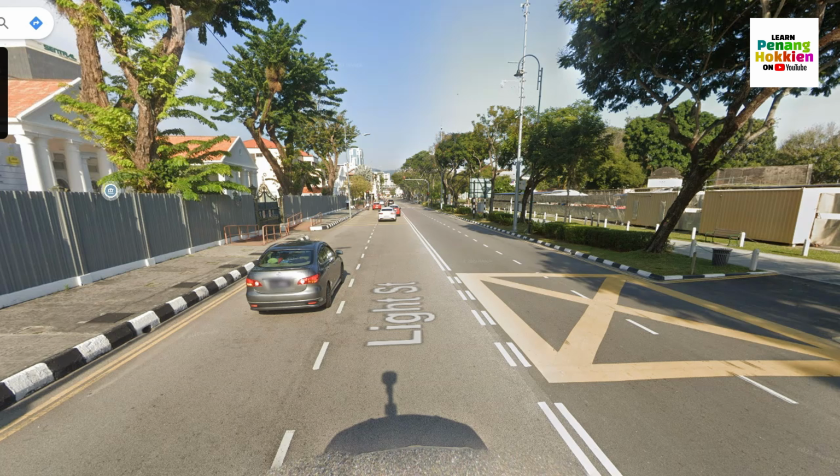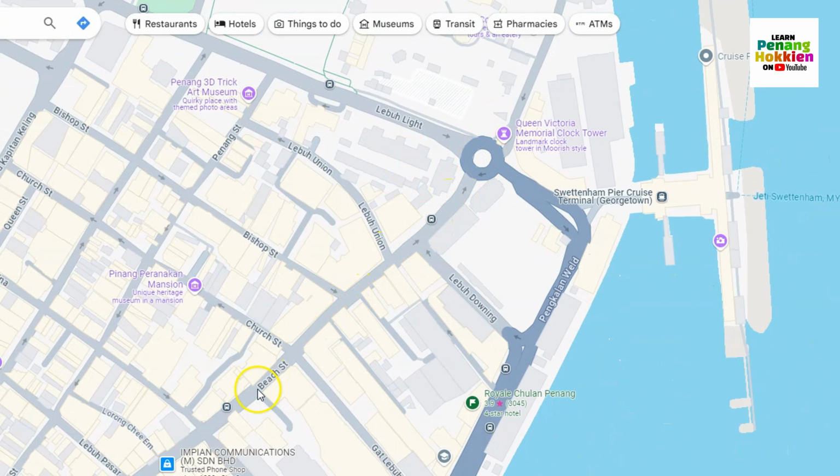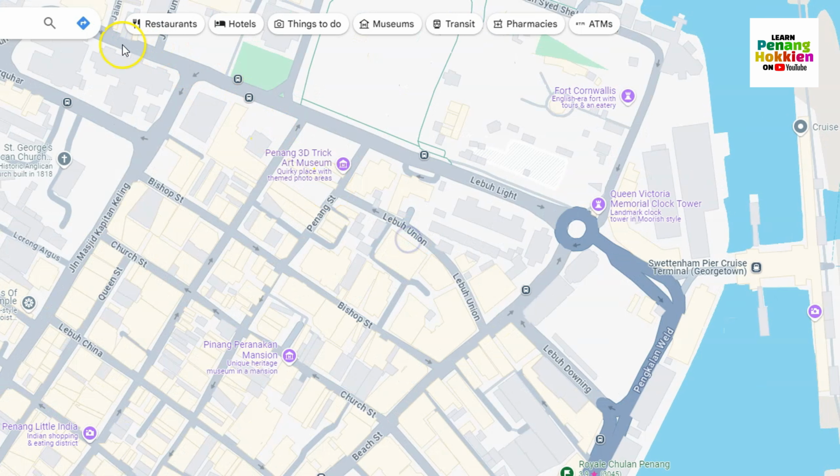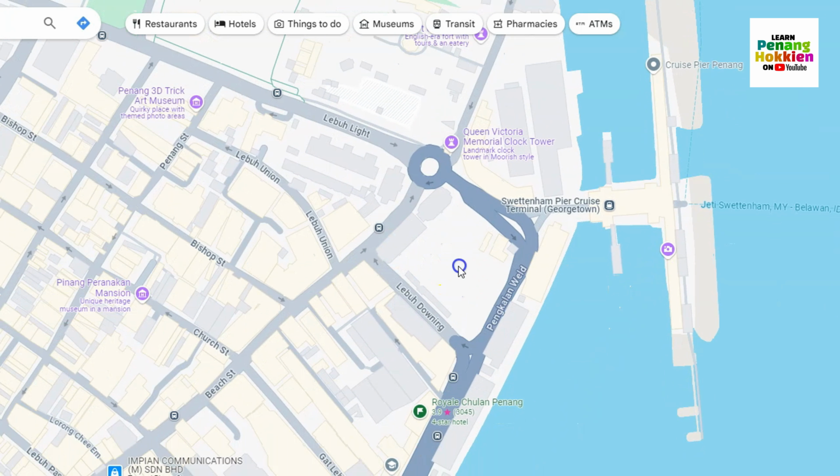In comparison, Beach Strait meanders around because Beach Strait in the past actually follows the contours of the shore itself. That's why it's called Beach Strait. So in comparison, Light Strait is almost arrow straight, but Beach Strait is a little bit zigzag. So that's the difference between Light Strait and Beach Strait.